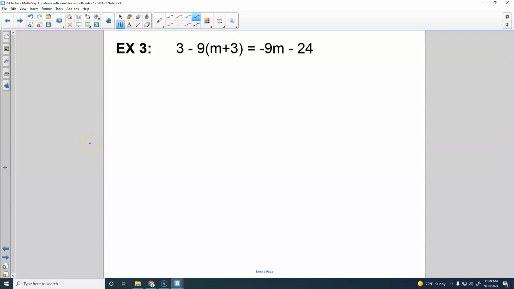All right, here's our next one. Okay, so copy this one down. 3 minus 9, parentheses, m plus 3 equals negative 9 minus 24. Alright, so Vince, what's the first thing we should do on this one?